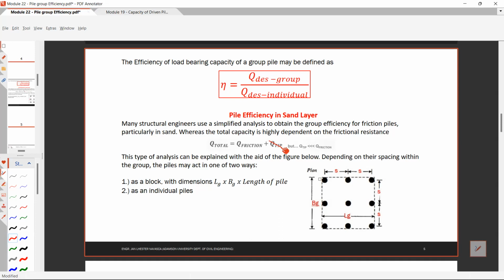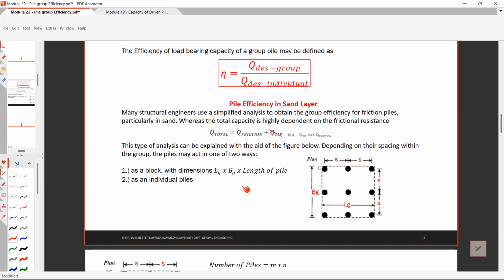Therefore, we can say that this Q tip is negligible, and therefore the only factor that is highly affecting the total capacity is the frictional resistance. So this type of analysis can be explained with the aid of the figure below.